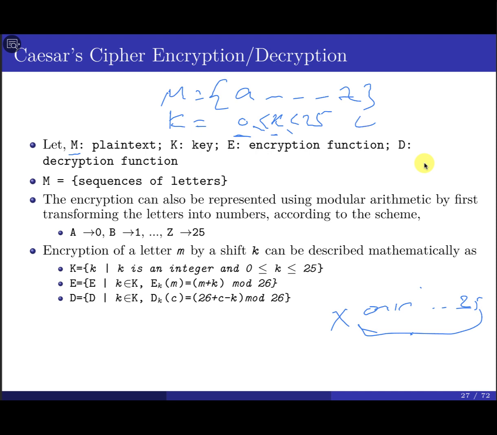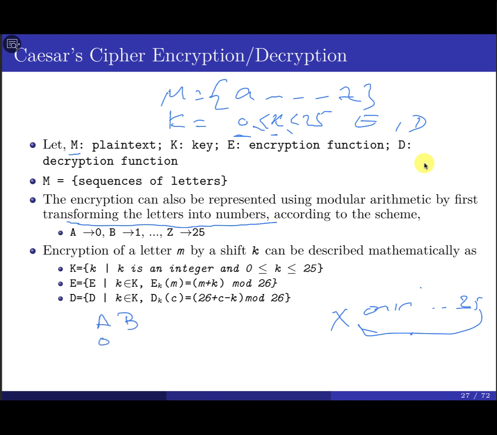Then for the encryption and decryption algorithm, we're going to use modulus to mathematically describe the encryption and decryption. Before I perform this, I'm going to represent the data, or let's say transform the letters into numbers. If you have A, it's going to be 0.